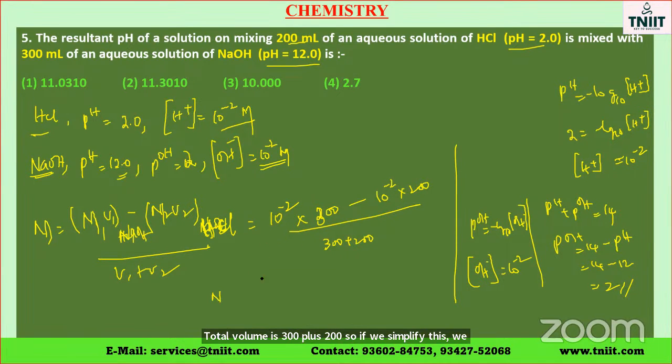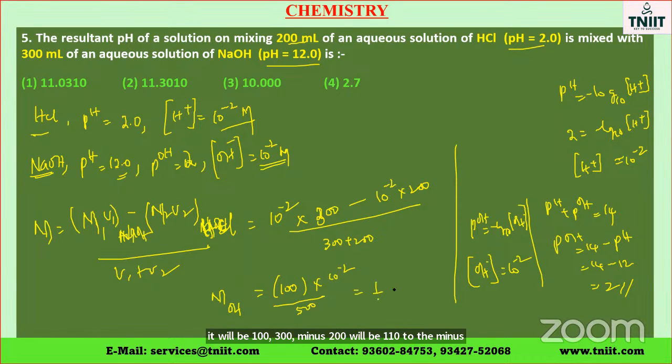Since the concentration of NaOH is more, we can say this is the molarity of OH minus in the resultant solution. So 300 minus 200 will be 100, and 10 to the power minus 2 is common, 10 to the power minus 2 divided by 500.